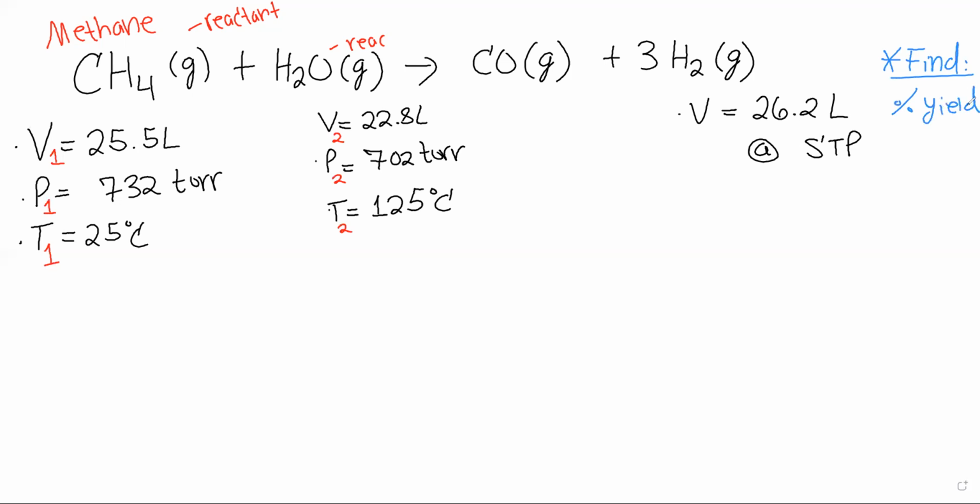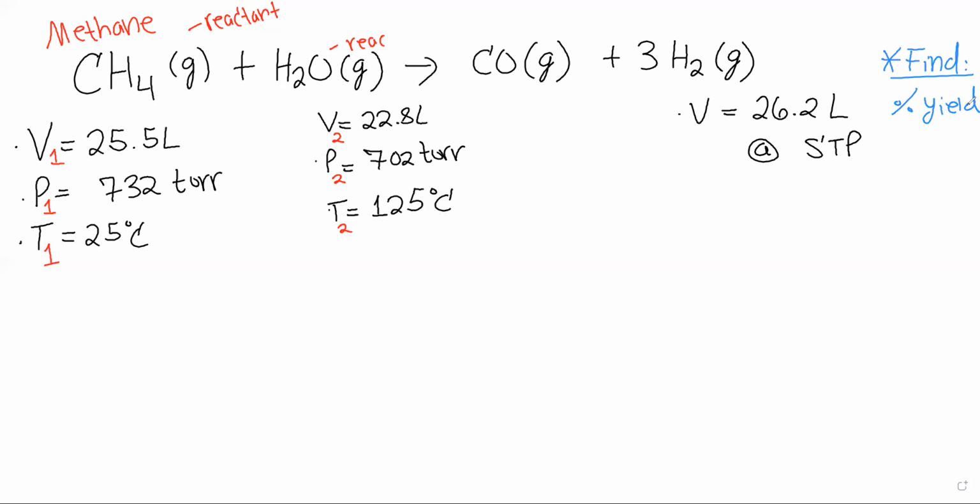Because not only are we given the amount of reactants, but with those, we could find the amount of products if we have both amounts of reactants. If we find the amount of product, that's going to be our theoretical yield, the yield calculated by us.